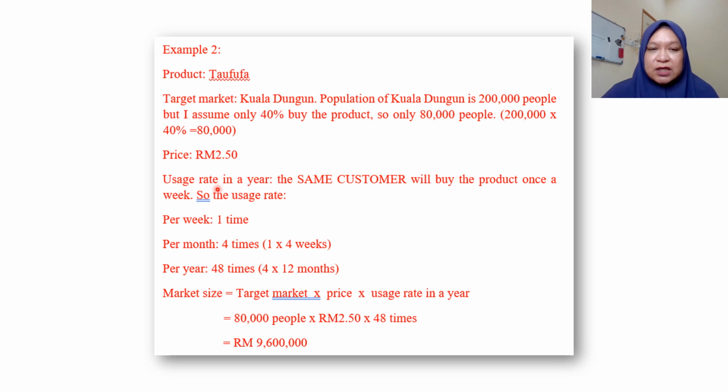For the usage rate in a year, the same customer will buy the product maybe once a week, because it's kind of cheap and small in quantity, so people can buy it a lot in a month. So per week one time, per month equals 4 times. Per year, we have to calculate for per year, so 48 times. So the target market, the 80,000 people, times the price times the usage rate in a year, 48 times.